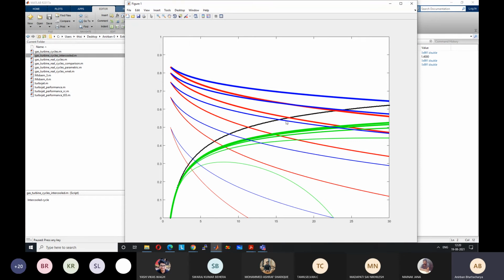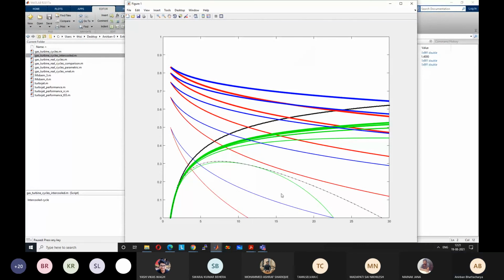So black line is the simple Brayton cycle efficiency. Then simple Brayton with regeneration are the red lines. Then simple Brayton with reheating are the green lines, and Brayton with reheating plus regeneration are the blue lines. And we know that efficiency decreases for reheating, and efficiency behavior is opposite with regeneration. And with reheat and regeneration, the efficiency is even higher as compared to regeneration, which the blue line shows.